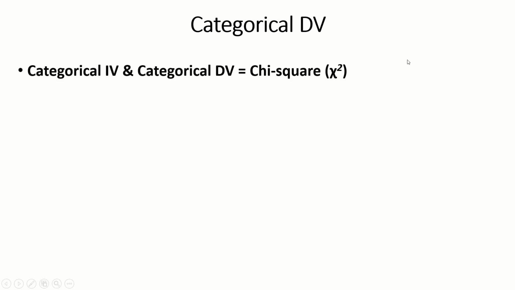All right, so we'll talk about three statistical tests here. The first is when we have a categorical IV and a categorical DV. So if you have one categorical IV, one categorical DV, you will use chi-square, which is represented by the uppercase symbol for chi, the Greek letter, squared here.